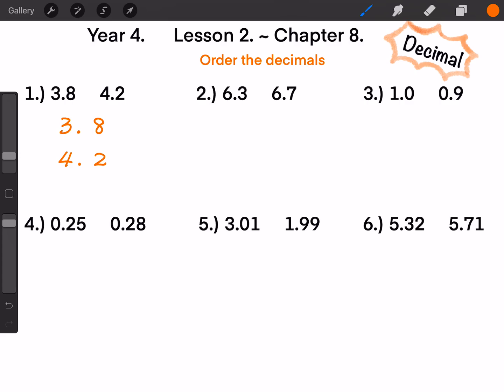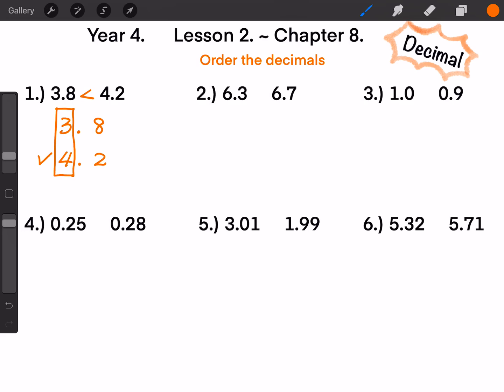The most left position is the one-digit position, because 3 is smaller than 4. So, 4.2 is bigger than 3.8.